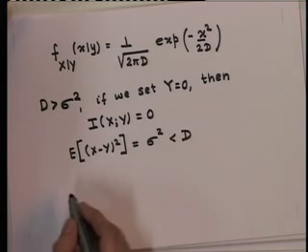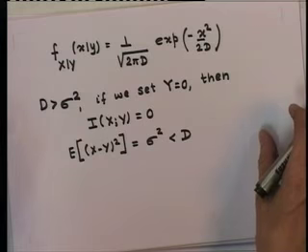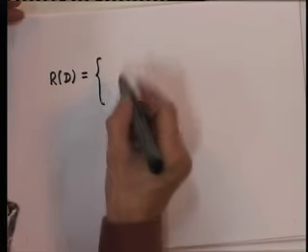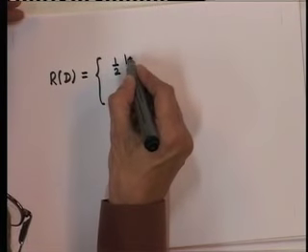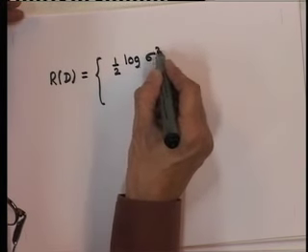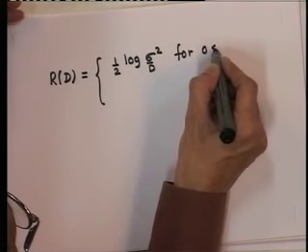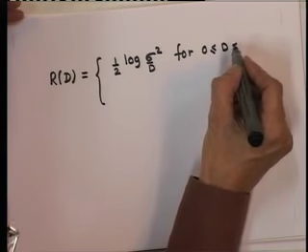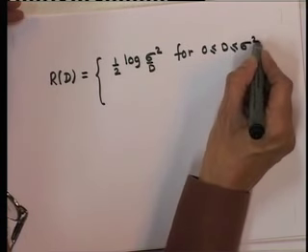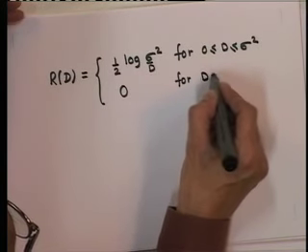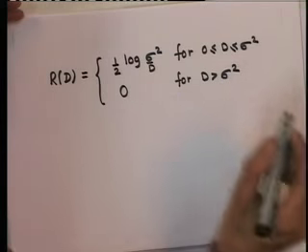Therefore, to summarize, we can say that the rate distortion function for the Gaussian source can be written as half log sigma squared by d for d less than or equal to sigma squared, and it is equal to 0 for d greater than sigma squared.